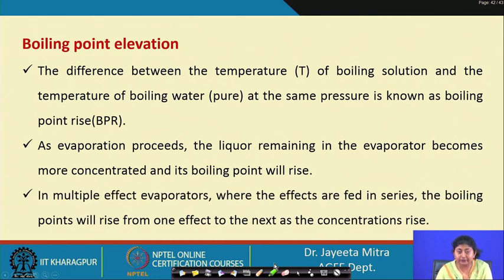In a multiple effect evaporator where the effects are fed in series, the boiling point will rise from one effect to the next as the concentration rises. So, based on the concentration the boiling point elevation happens. As the concentration increases, boiling point elevation will also increase.